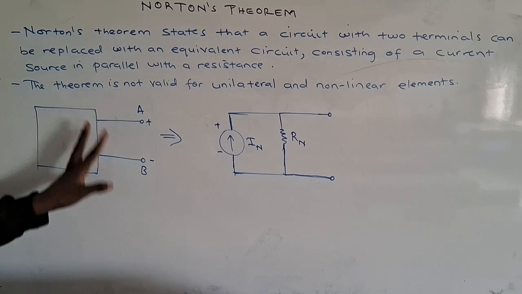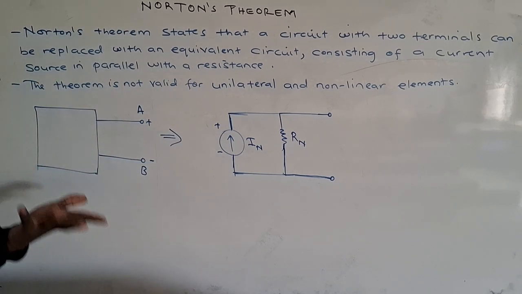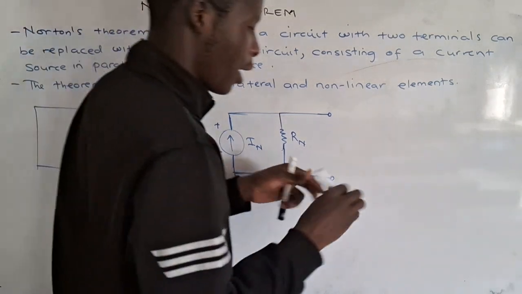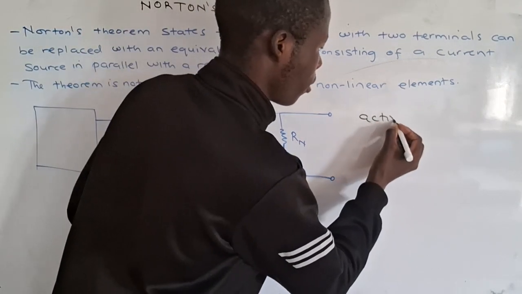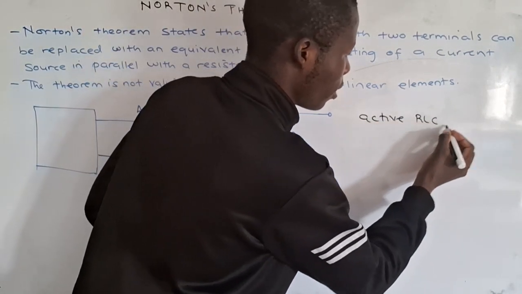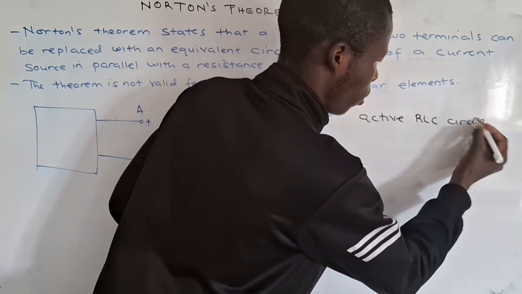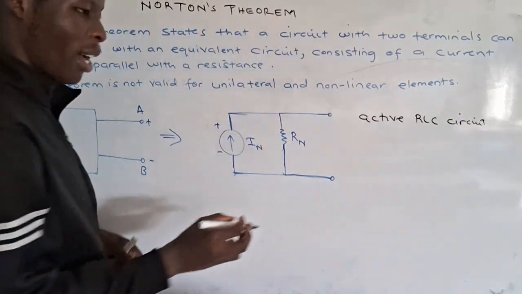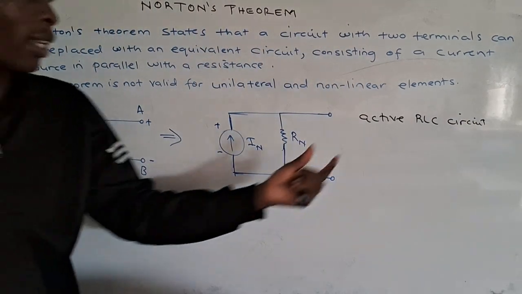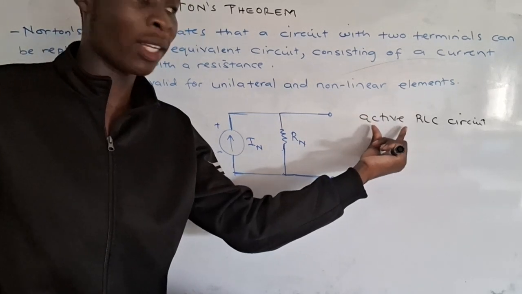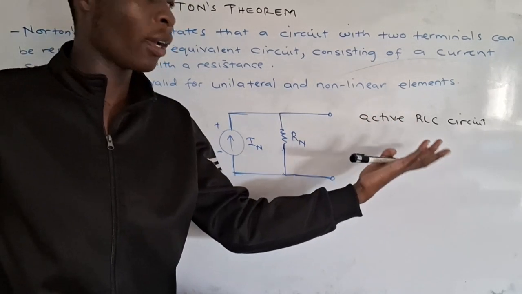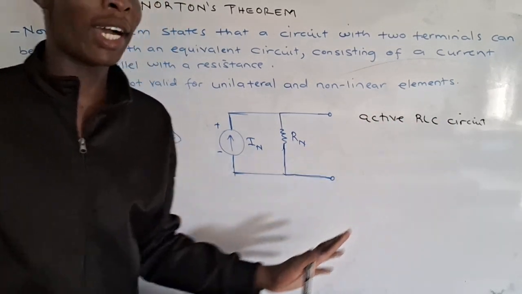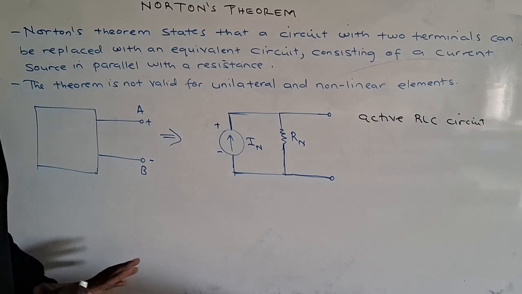Okay, well, let's say you have a network, you have an active RLC circuit. This active RLC circuit has a power supply now. That's why it is active. R meaning resistors, L inductors, C capacitors.